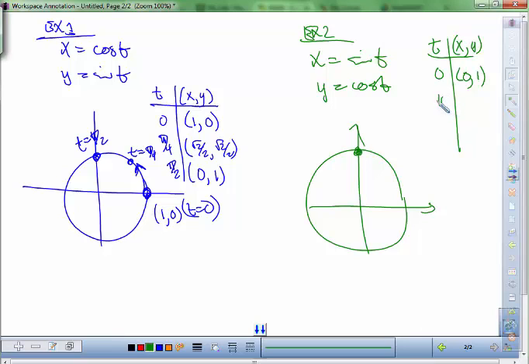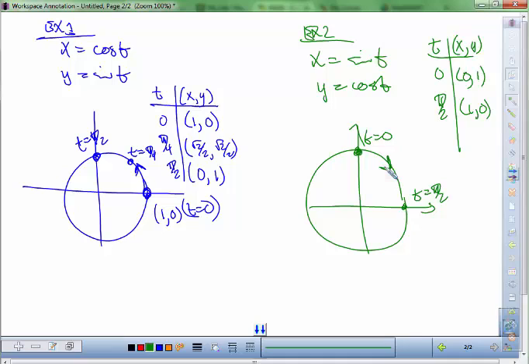Then let me jump to pi over 2, where sine of pi over 2 is 1 and cosine of pi over 2 is 0. So with two points, you can get an idea of where your graph is going, the direction in which it's going, and where the starting point is. Okay?